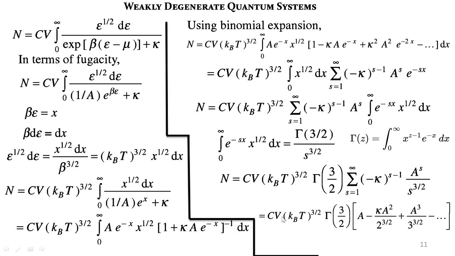So this is c_v k_B T raised to the power 3 by 2 gamma 3 by 2 as such. That's all fine. And what will be this? So if you put s is equal to 1, so this will be minus 1 raised to the power 1 minus 1, 0. So minus 1 raised to the power 0 is just 1.